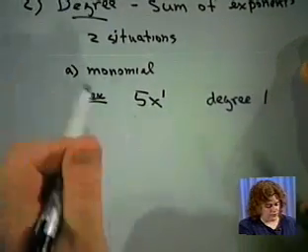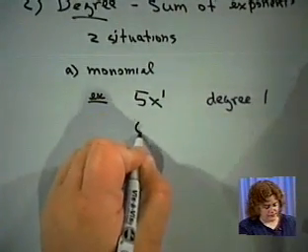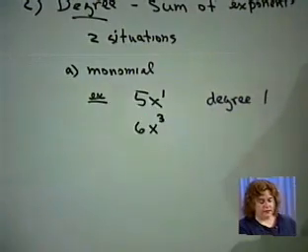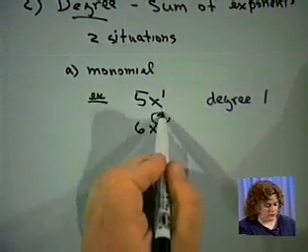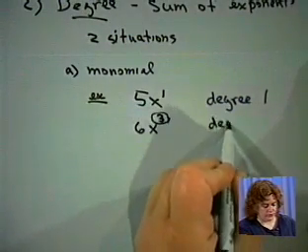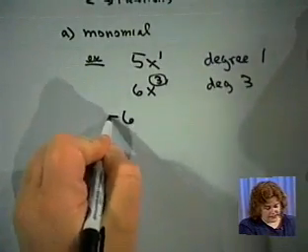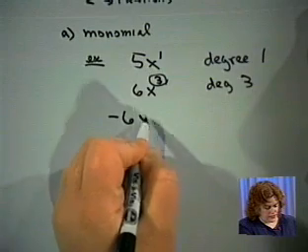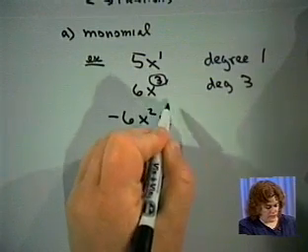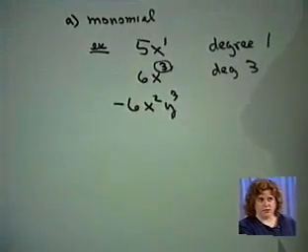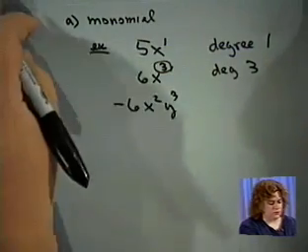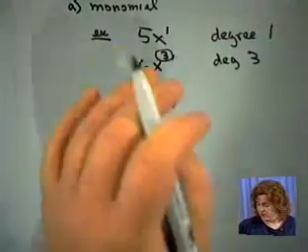If you have something a little more entertaining like 6x cubed, that's going to be degree 3. Again, there's only one variable to be concerned with. If you have something like a negative 6x squared y cubed, now you have to pay a little more attention to the exponents that you have.